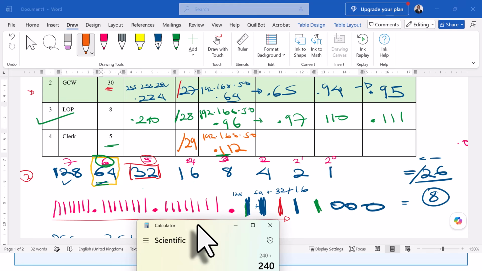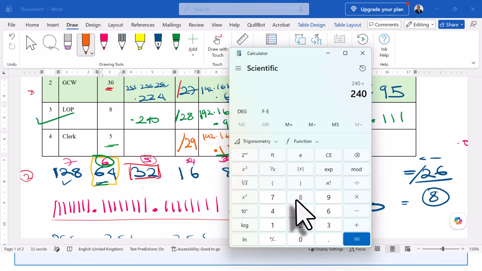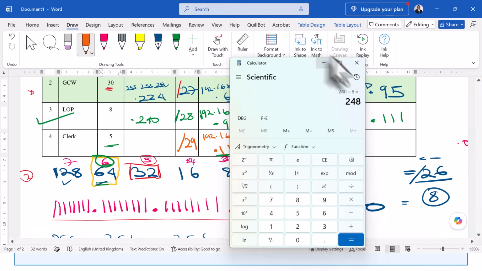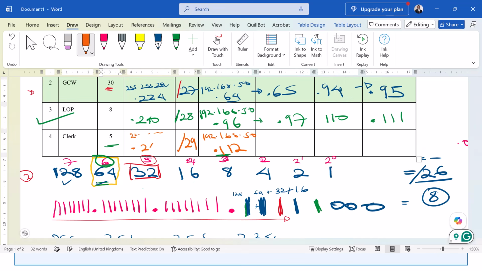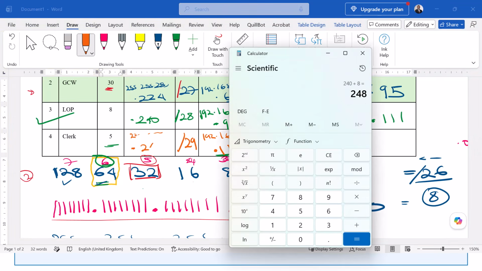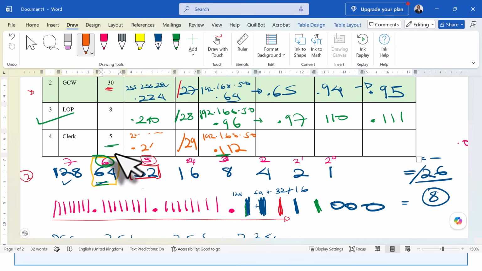So I got to add 8, and then I'll have a total of 248. So it will be 255.255.255.248, our new subnet mask in decimal.